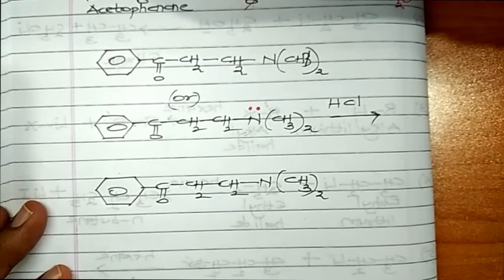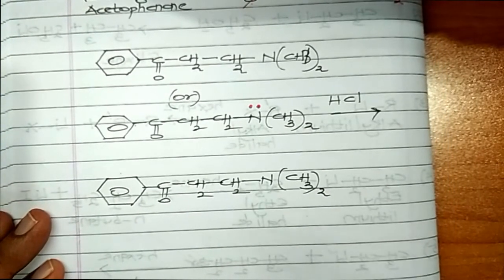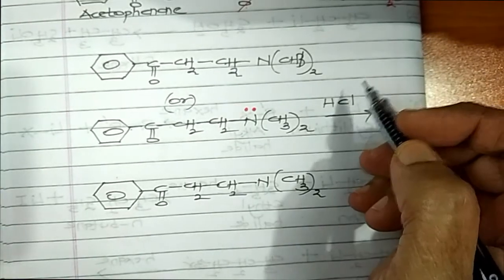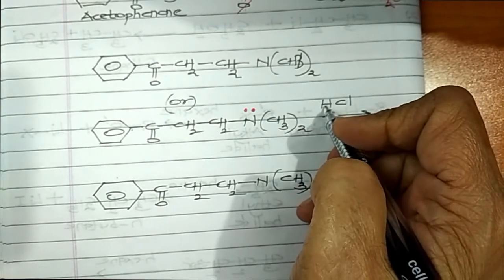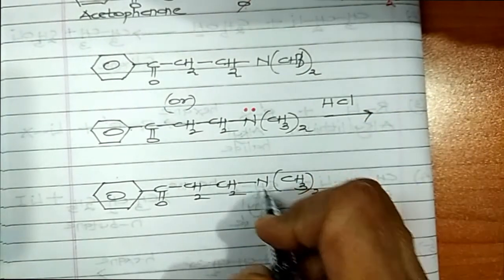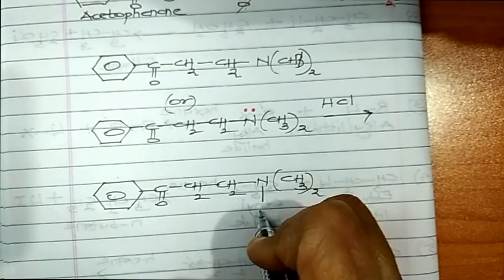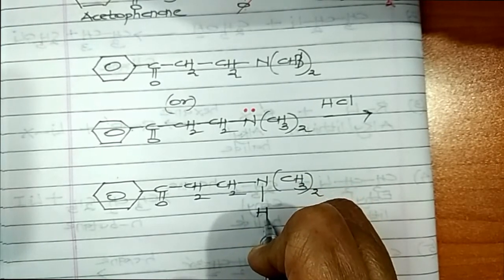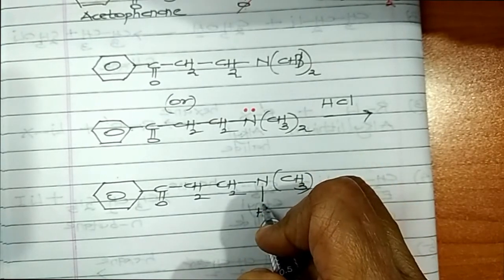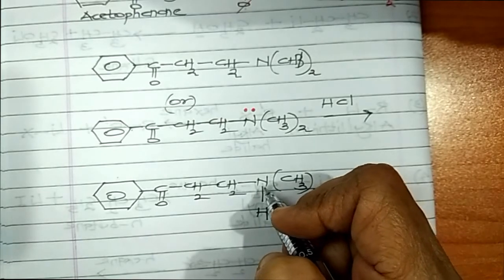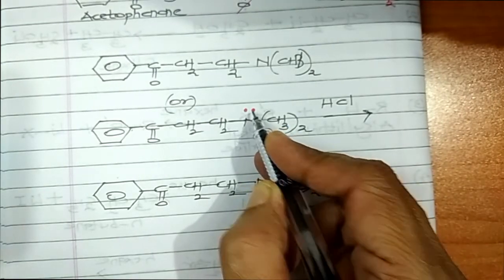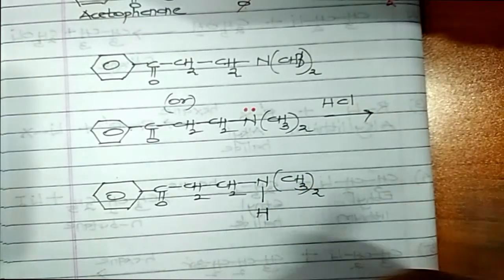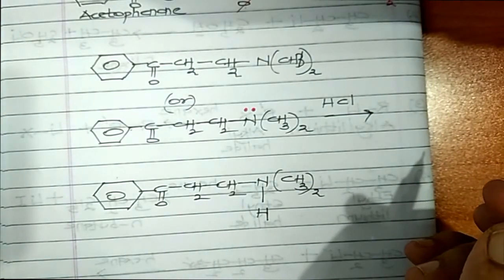Okay. Now, you are aware that acid is nothing but H plus ions and Cl minus ions. So the H plus ion from the acid will get attached here. To form a bond with the nitrogen atom, it requires a pair of electrons. The nitrogen atom will give that pair of electrons to the proton which you get from hydrochloric acid.